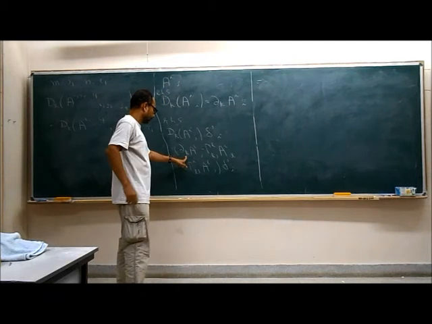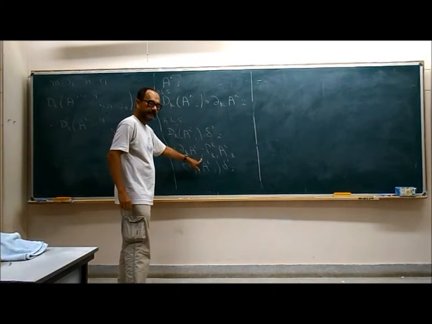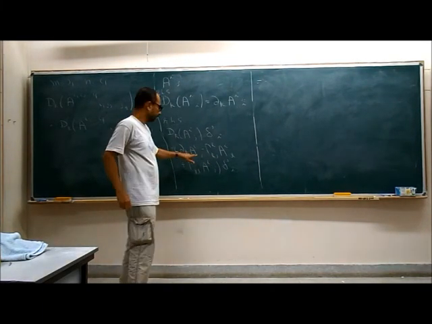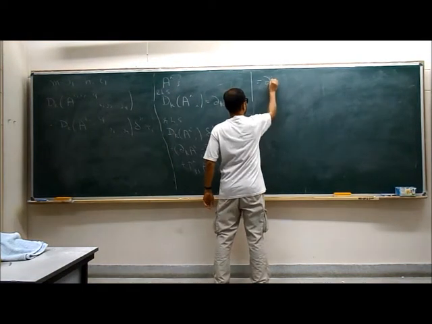The first term gives you del K of AII, as this delta contracts.